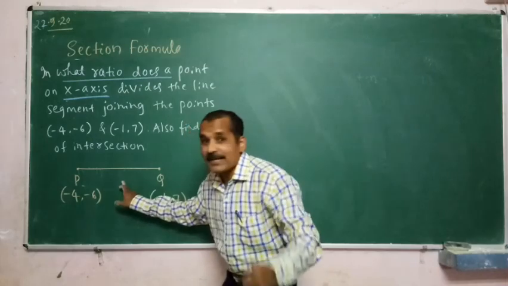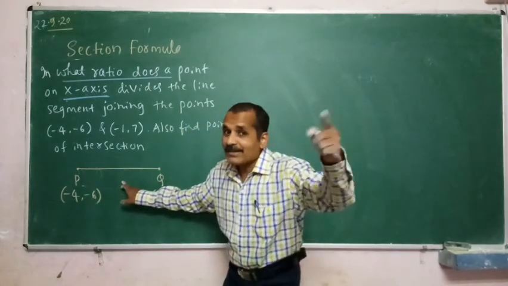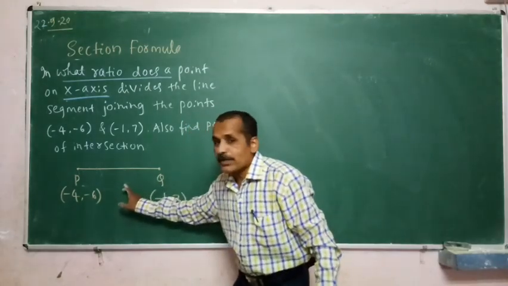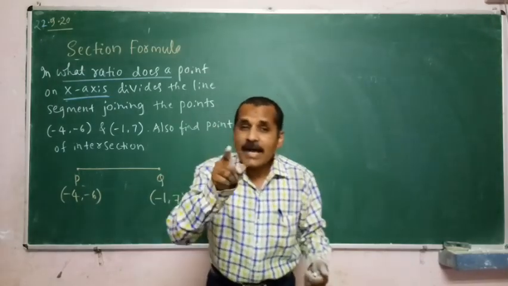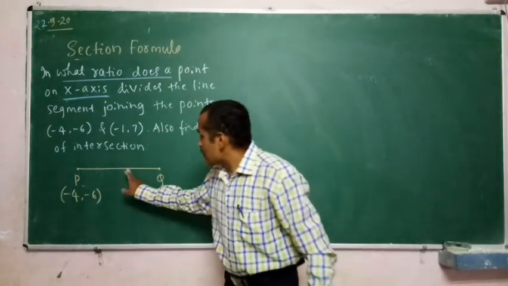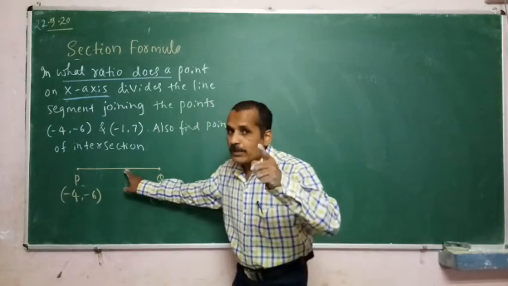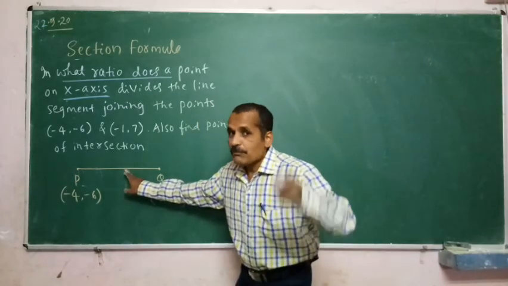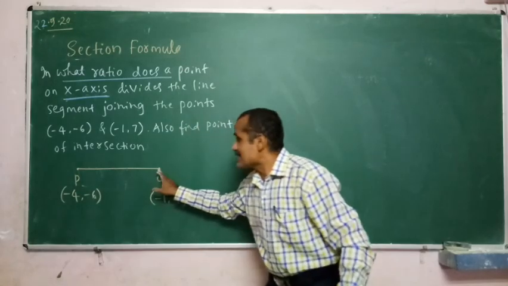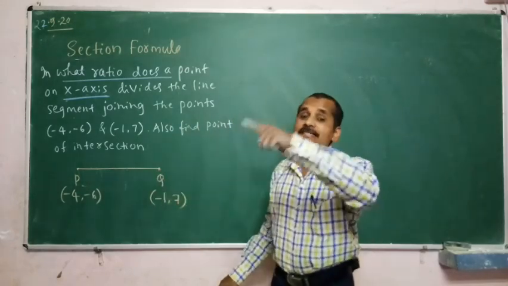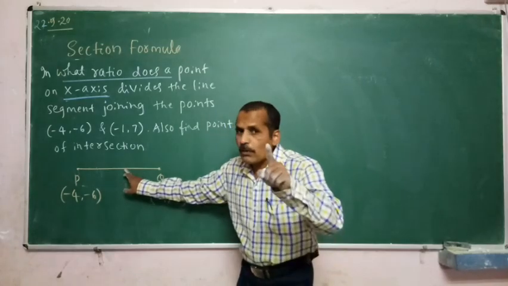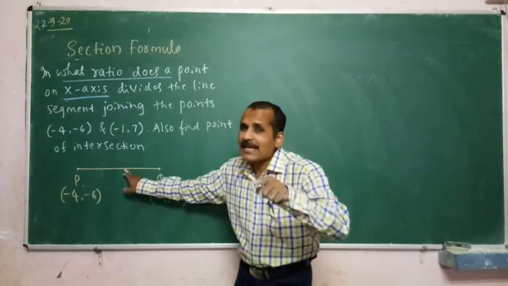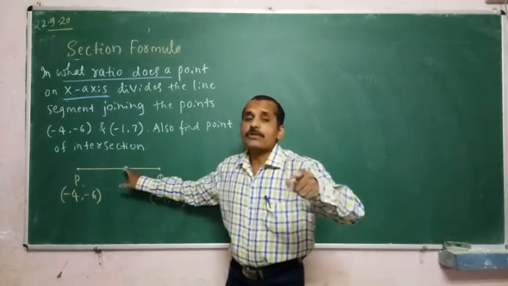In my earlier case they gave you the coordinates of this point, but now they have not. Instead, listen very carefully, they say this point which intersects the line segment is on the x-axis.